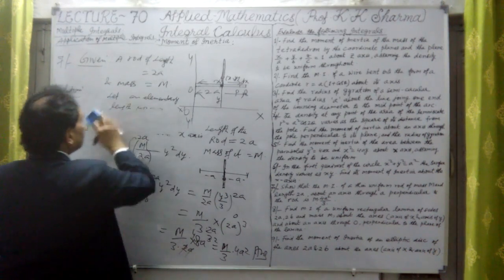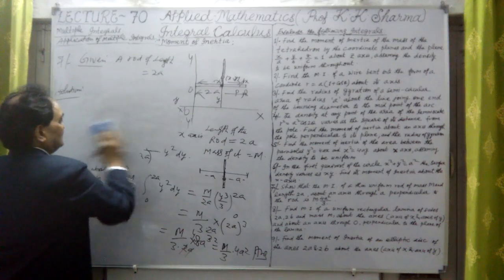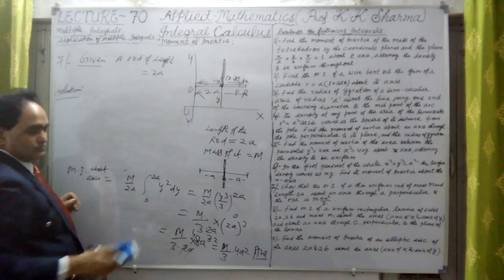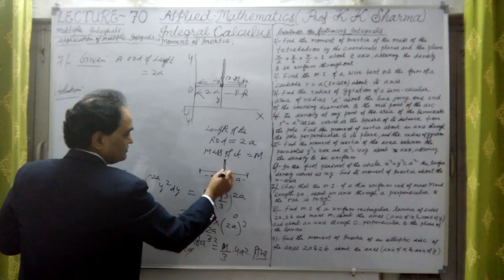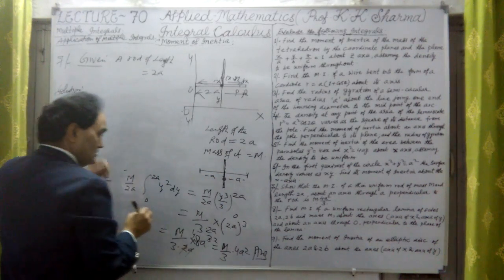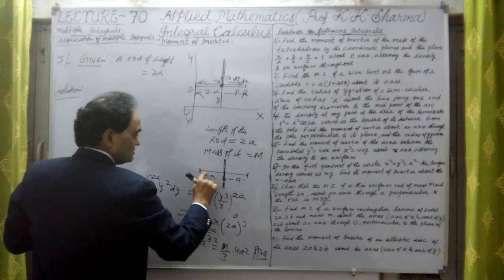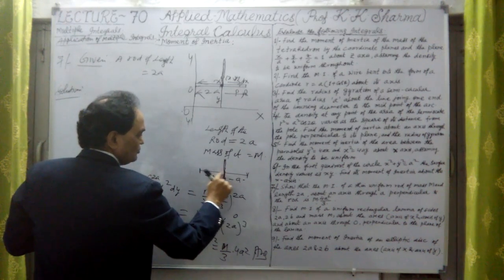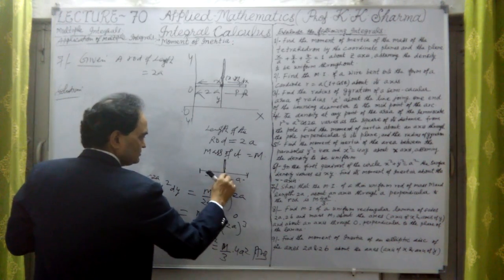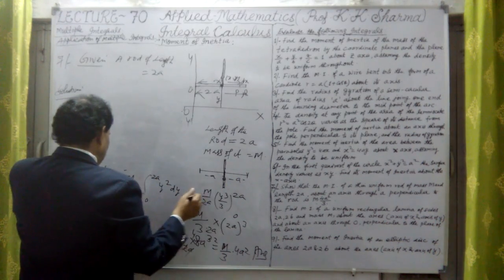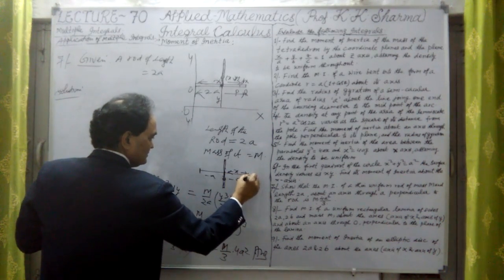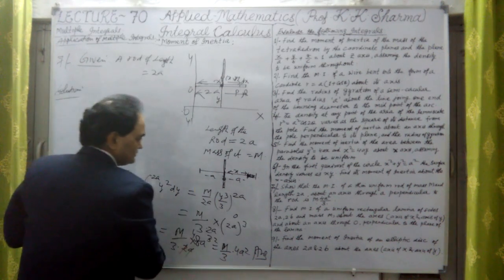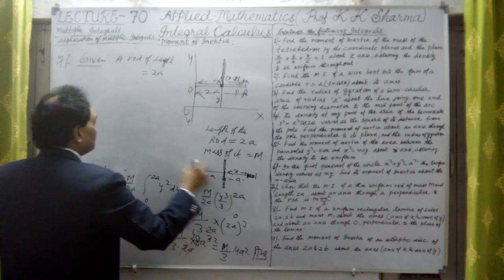So let me take that length here. If we have to find about the y-axis, O is the middle point on the y-axis. So what is the moment of inertia of this rod about the y-axis? If I take this x length here, and this is dx up to this point, so x square dx.